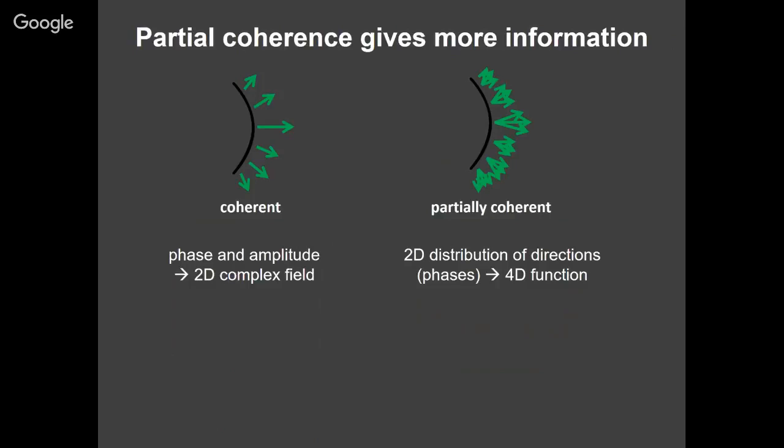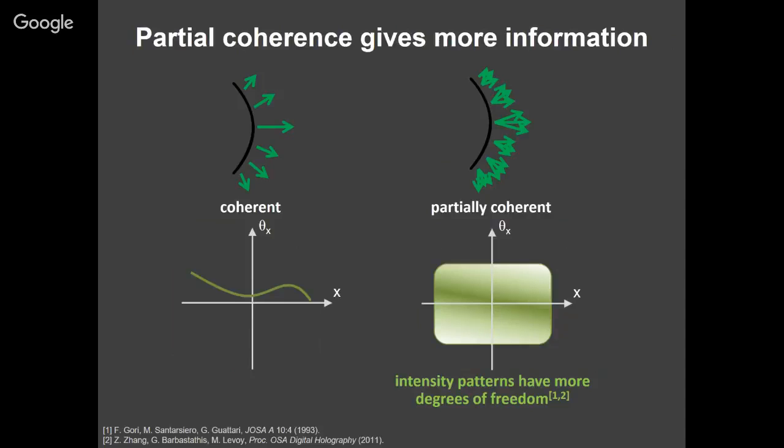Whereas for a partially coherent beam, at every position on the 2D beam, you actually have a statistical distribution of phases and amplitudes, which results in a 2D statistical distribution of directions of propagation or angles. And so you end up with this four-dimensional function. Therein, partial coherence is uniquely tied to phase space functions, and these four-dimensional phase space functions measure four-dimensional spatial coherence properties when you use Wigner functions.